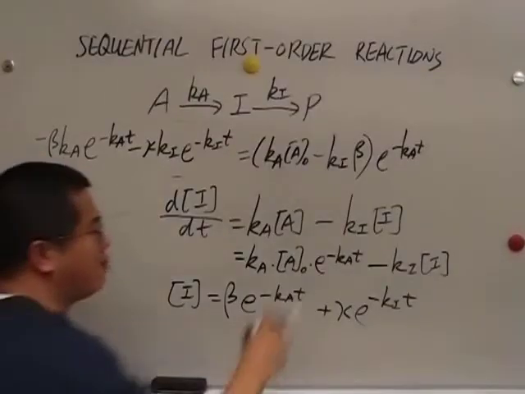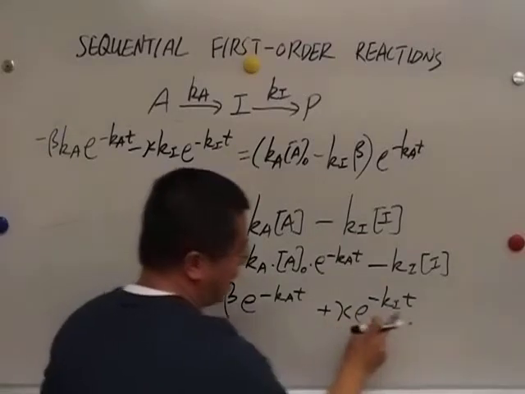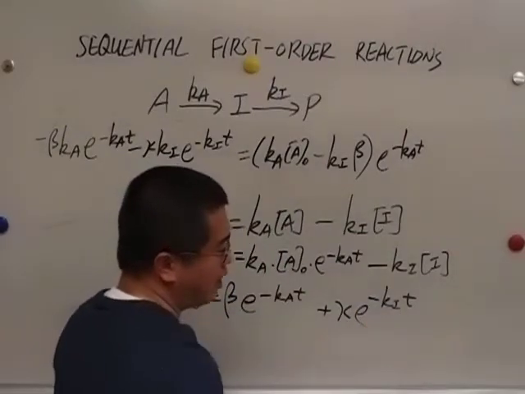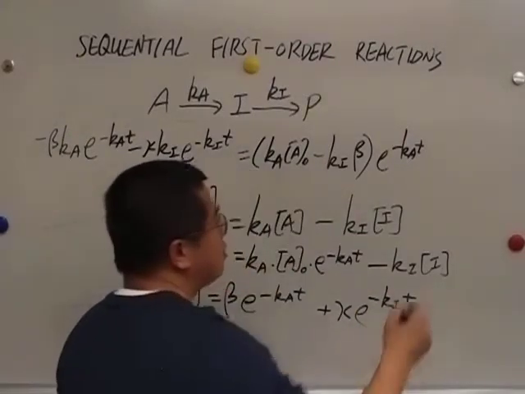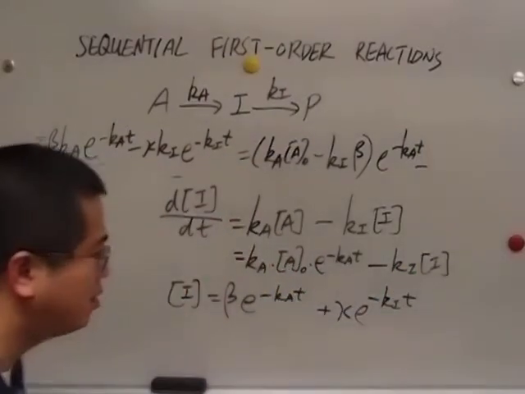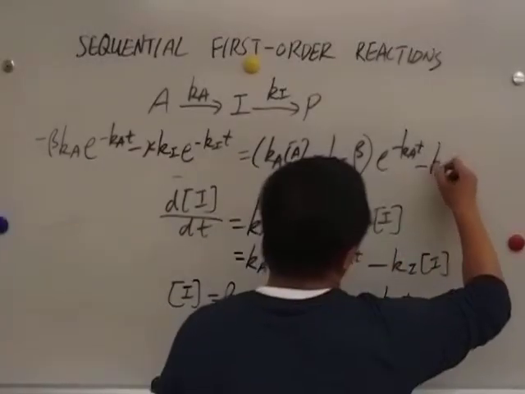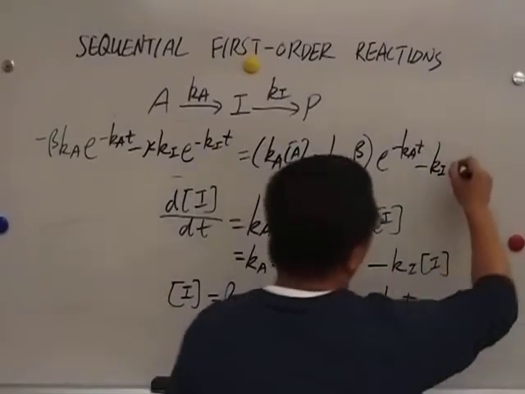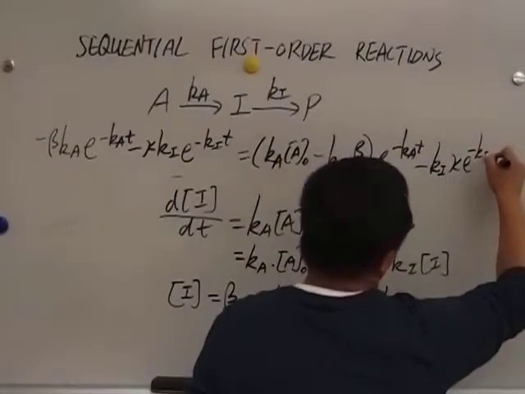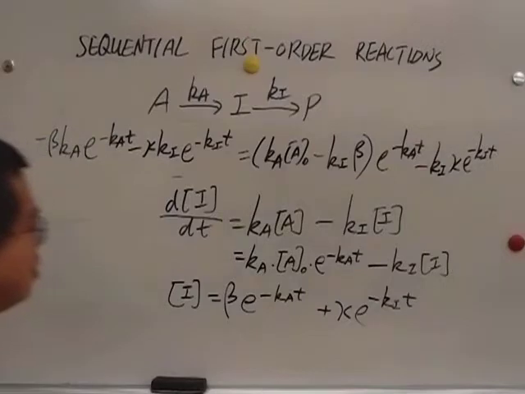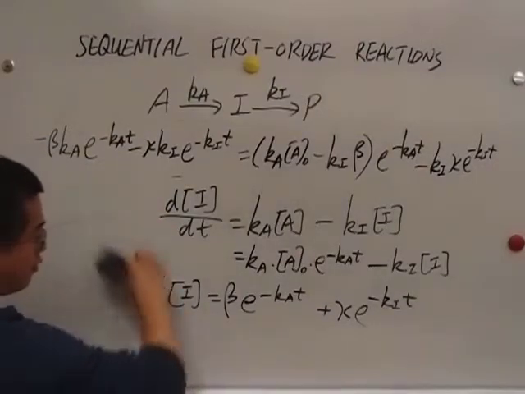Alright, and then you have minus Ki times kappa times e to the power of negative Ki t. So I'm going to have a negative sign here. Right, I have to erase this part.